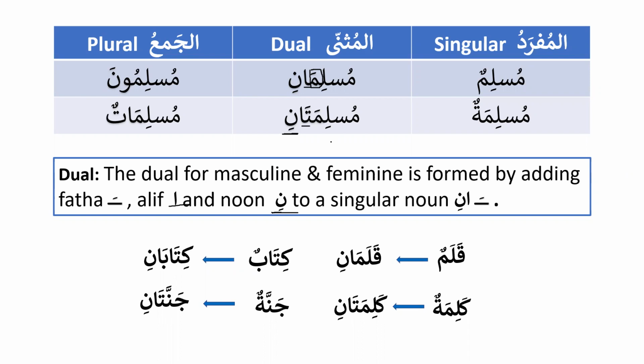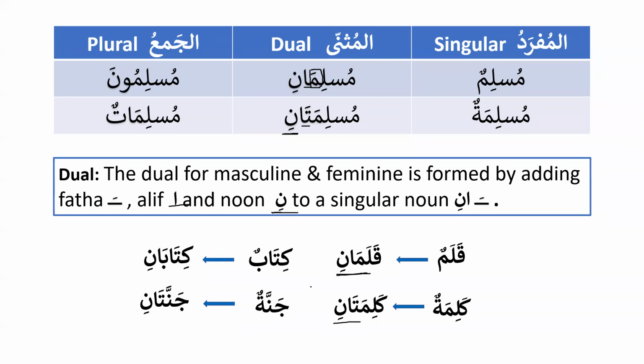Ani, tani. For example, qalamun, for the masculine, it will be qalamani, kitabun, kitabani. And for the feminine, kalimatun, kalimatani, jannatun, jannatani. So the two sounds that we need to know, ani and tani, and they will always be the same. They will never change.